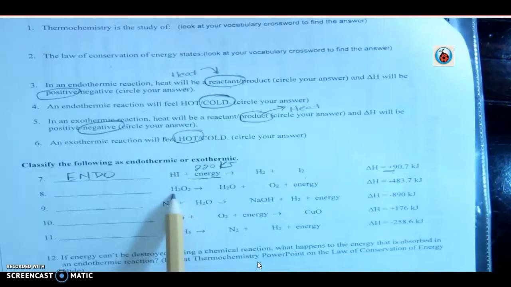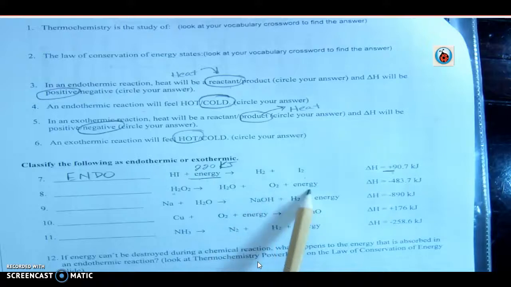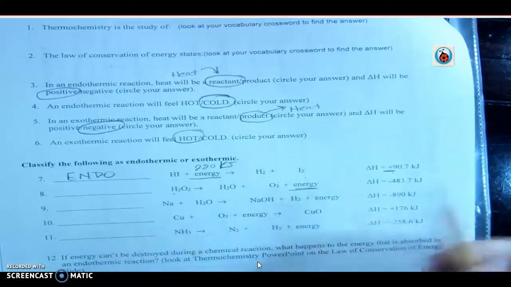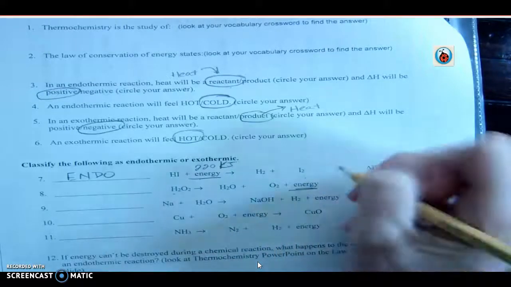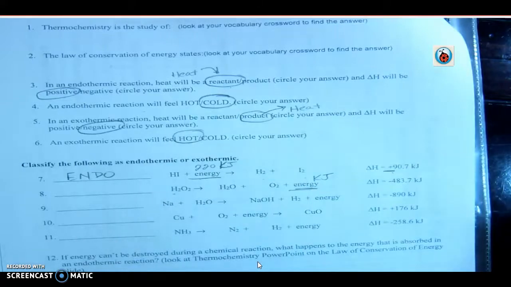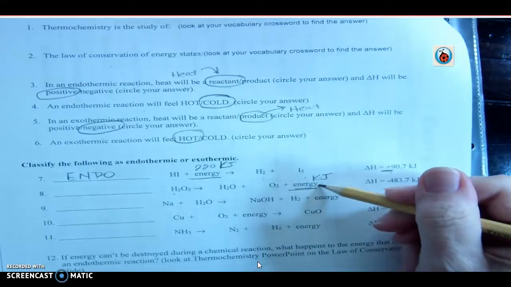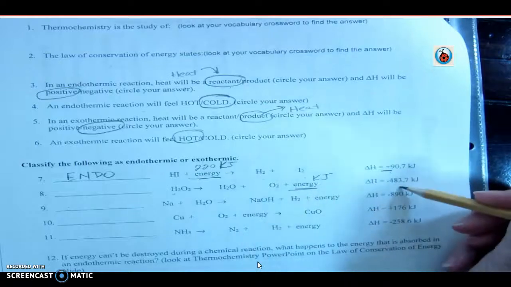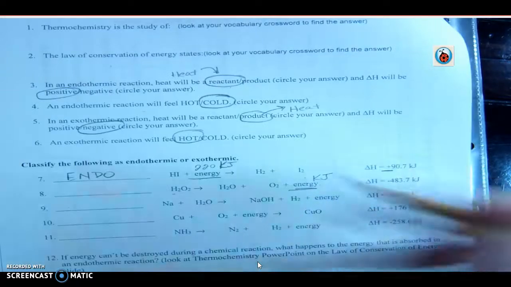But look at number 8. We've got this peroxide produces water plus oxygen plus energy. Again, energy is on the product side, and again, what do we measure that in? Kilojoules. Okay, so we've got energy coming out of the system, and I've got a negative delta H, so that is an exothermic reaction.